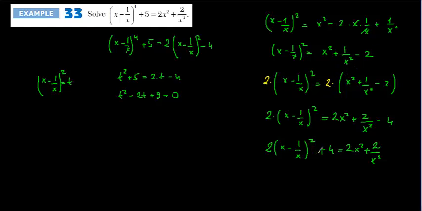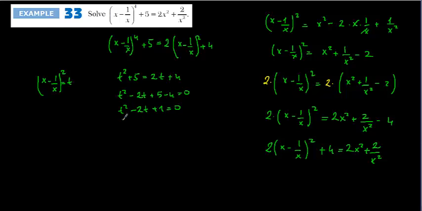And this is going to be plus 4, and when you send it to the other side, 5 minus 4 is equal to plus 1. Then t squared minus 2t plus 1 is equal to 0.